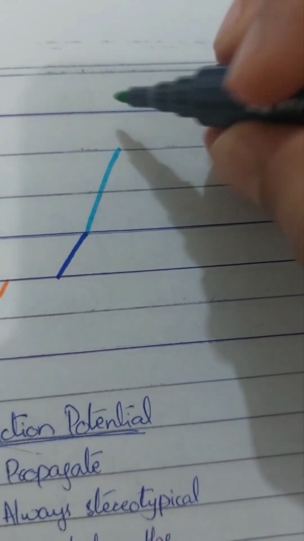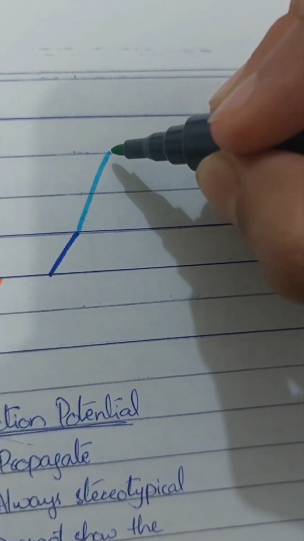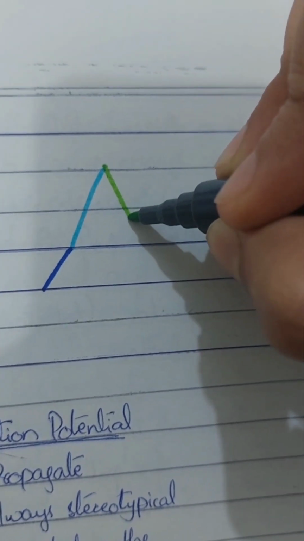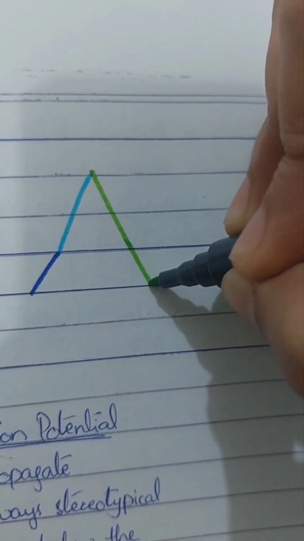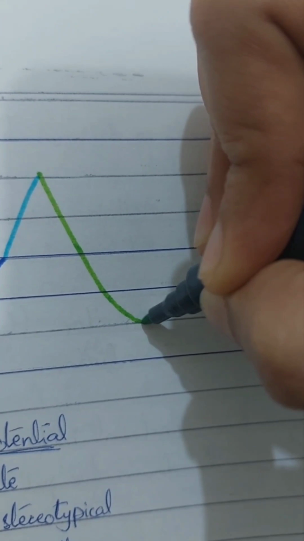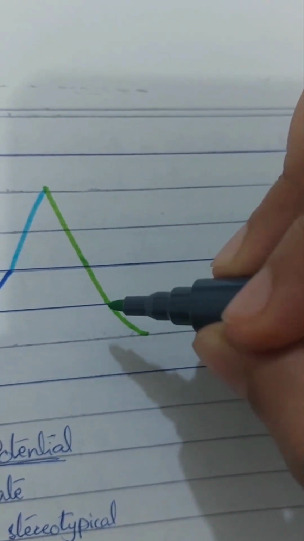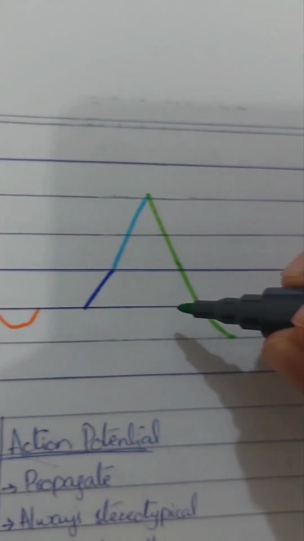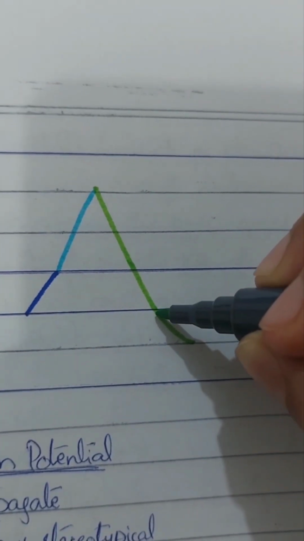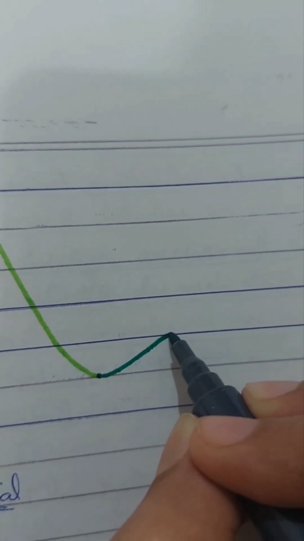And when it reaches a certain point, the voltage gated sodium channels close and voltage gated potassium channels open, and it reaches the resting membrane potential and becomes repolarized, but the potassium channels cannot close at the resting membrane potential, so it becomes hyperpolarized. When they close, the membrane is back to resting membrane potential.